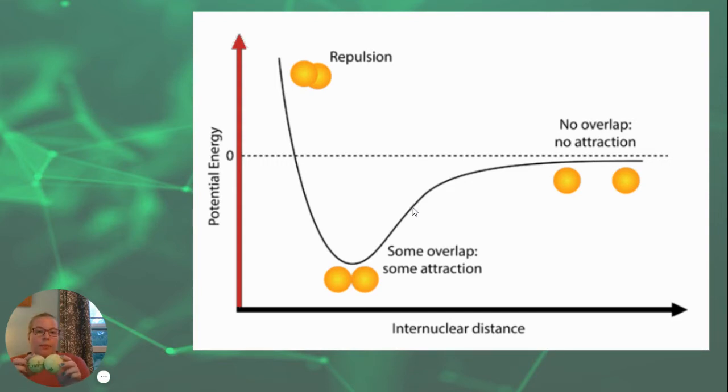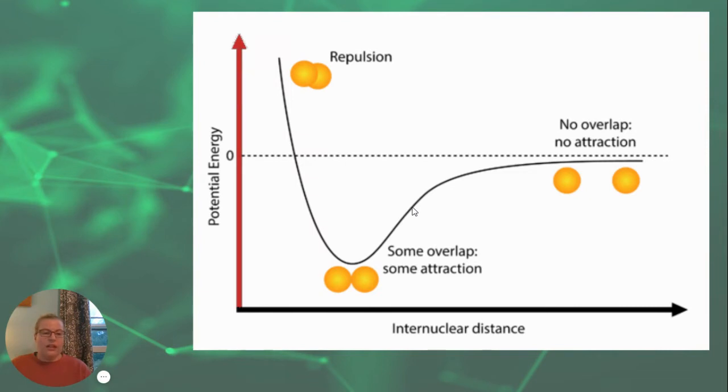Because if I take these atoms and squish them closer and closer, eventually, if I get my two nuclei so close together, the two positively charged areas in those nuclei are going to push away from each other and overcome any benefit you would potentially have for bringing those positive and negative charges together.